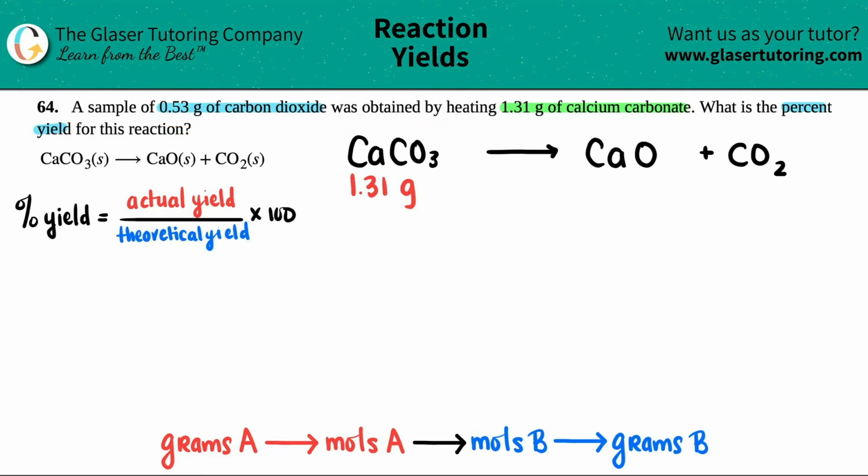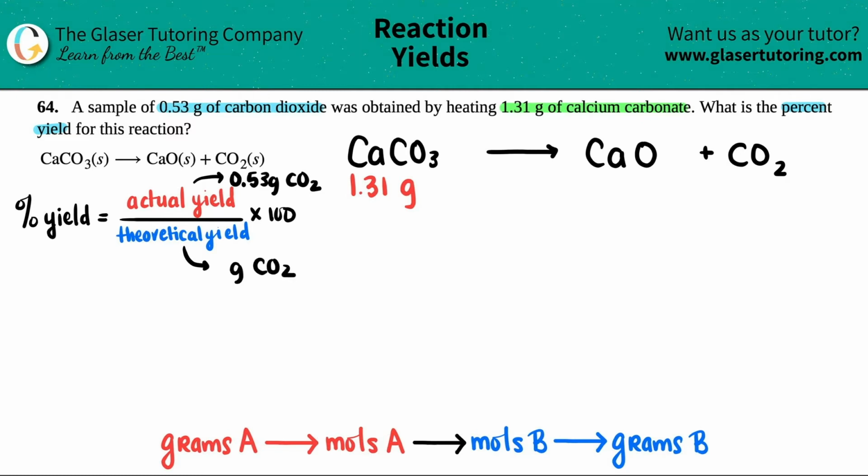Chances are they're going to tell you the actual yield, okay? So a sample was actually obtained, 0.53 grams of carbon dioxide. So that's this number for CO2. If we want to find the percent yield and we know the actual yield, this is standard. The only thing we have to find is the theoretical yield, and it has to be in the same units, so grams of carbon dioxide.